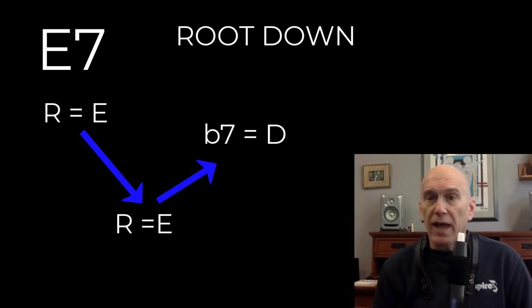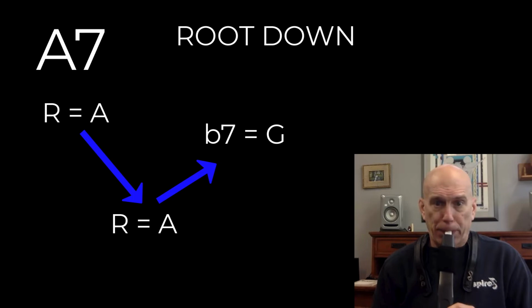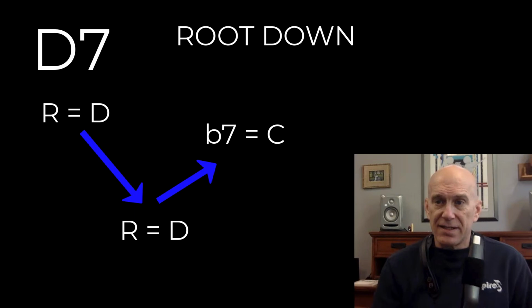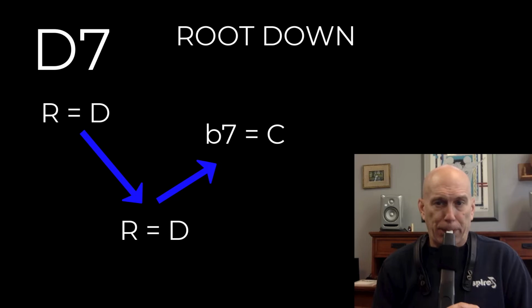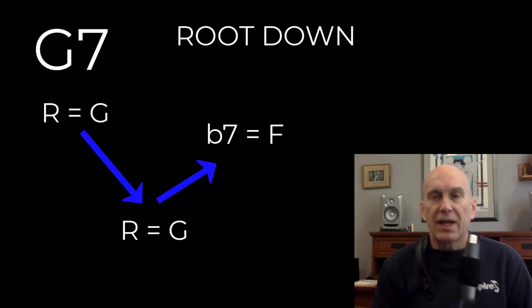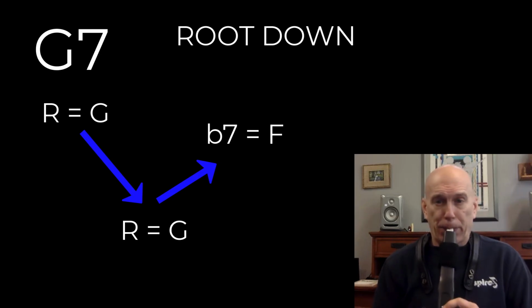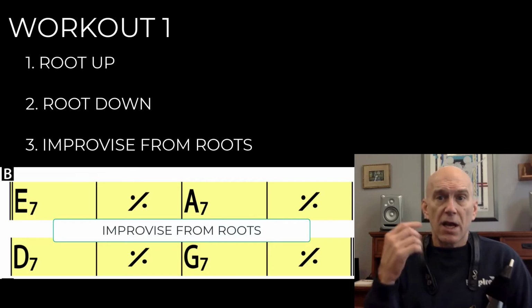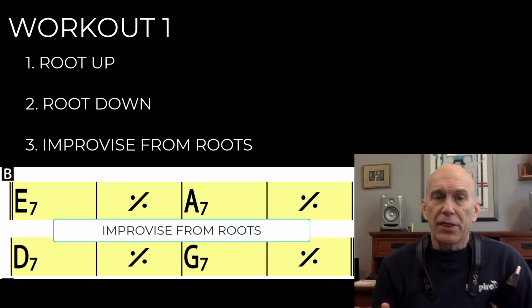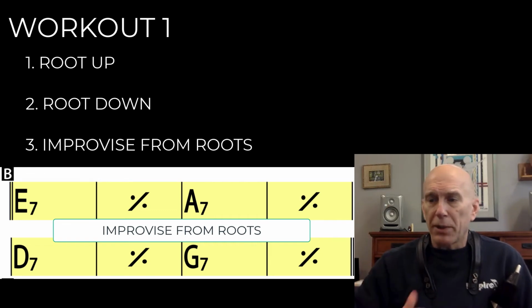Then the same thing with the A to A, and then to the G. And then D to D and up to the C. Then G to G back up to the F. So that's the second repeat. And the third repeat, let's improvise starting on roots, up and play an up or down.